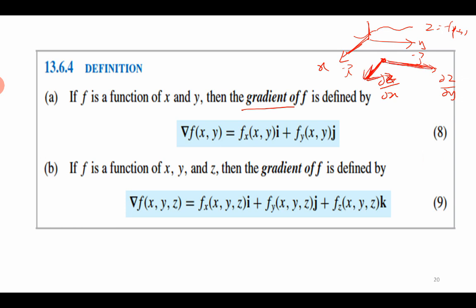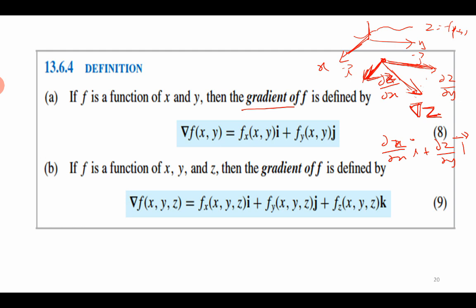If you add these vectors, the sum of these two vectors will give you a new vector in this direction. That is, if you take ∂z/∂x times i vector and ∂z/∂y times j vector, and add these two individual vectors, you get a new vector here. This vector is called del z. It is called a gradient.